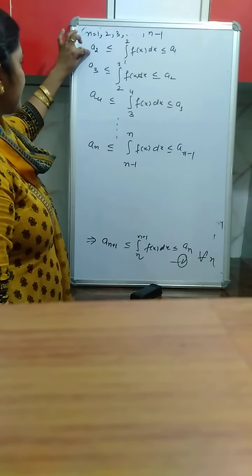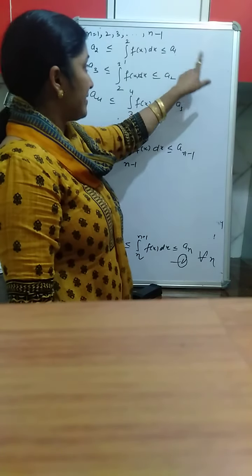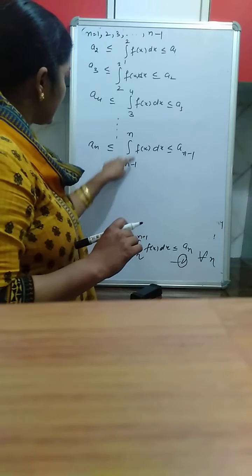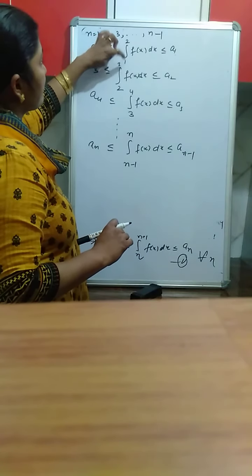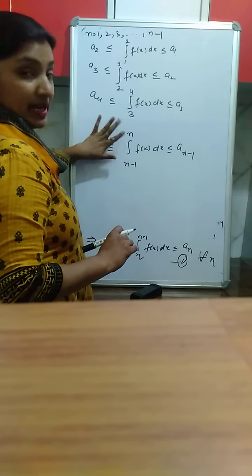On the left hand side we'll get a2 plus a3 plus a4 up to an, and on the right hand side we'll get a1 plus a2 plus a3 up to a_{n-1}, and in the middle what do we get? The integration from 1 to 2 plus 2 to 3 plus 3 to 4 up to n minus 1 to n.